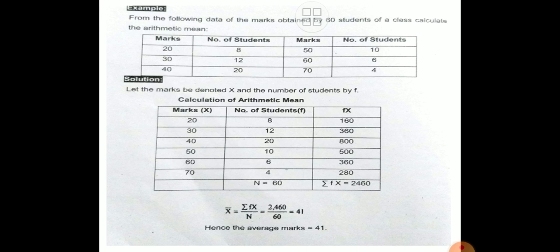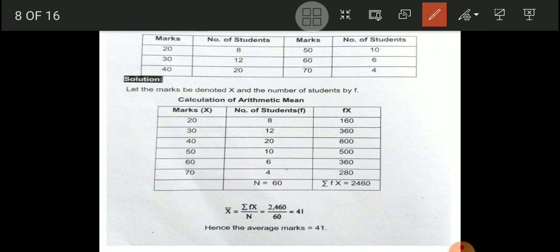Already I would like to give you an idea that in the class 60 students are there, and they have obtained marks of 20, 30 and 40. 20 marks obtained by 8 students, 30 marks obtained by 12 students and 40 obtained by 20 students, isn't it?